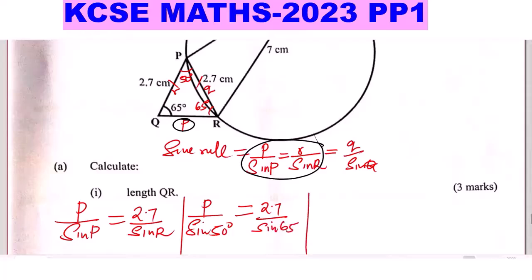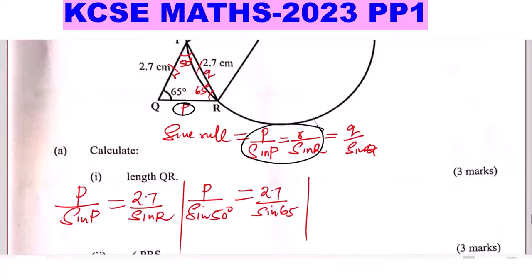So just make p the subject of the formula. p is given by 2.7 sine 50 divided by sine of 65 degrees.